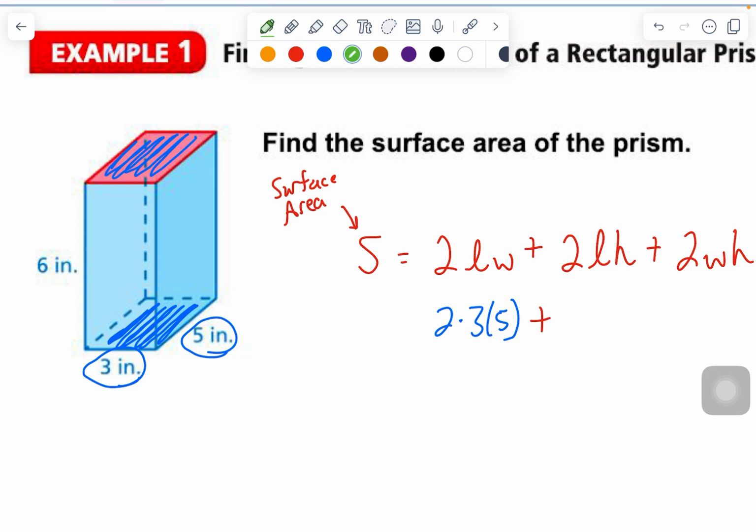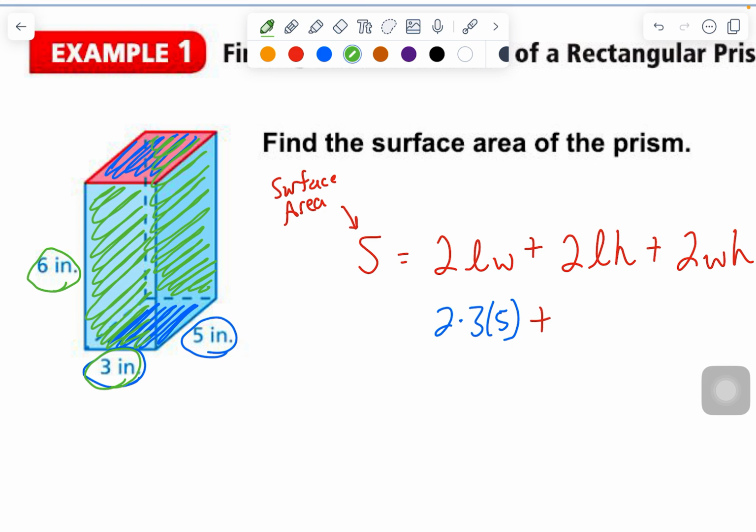Let's do in green the length of 3 times the height of 6. That's going to give us this front face and this back lateral face. So we've got 2 times 3 times 6.